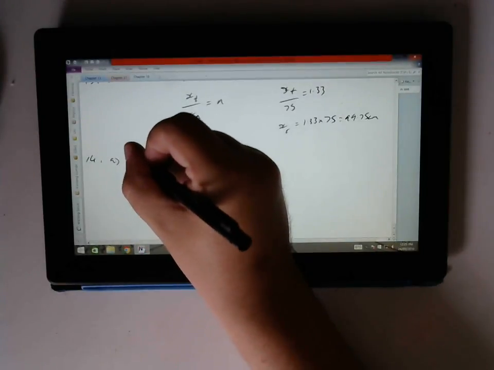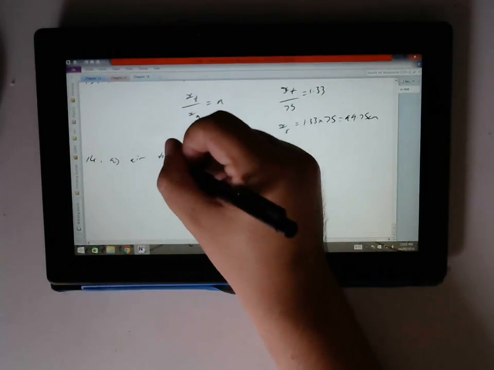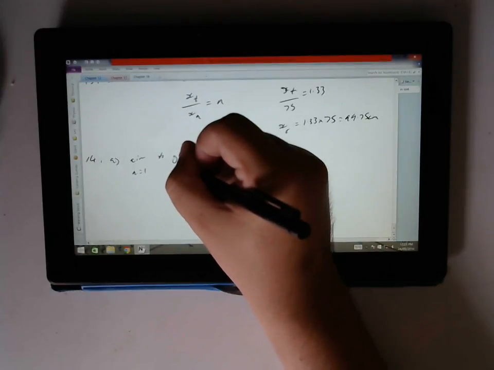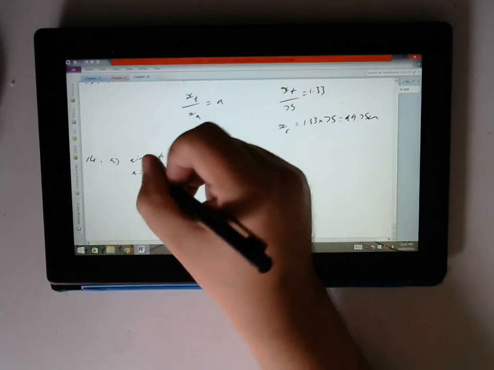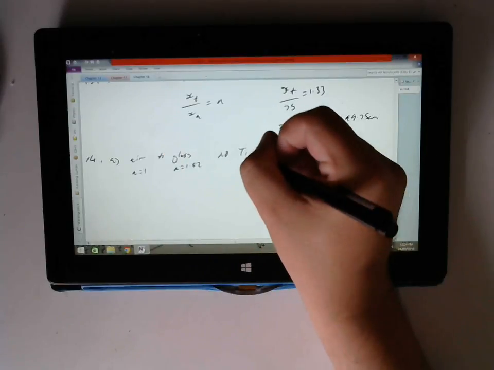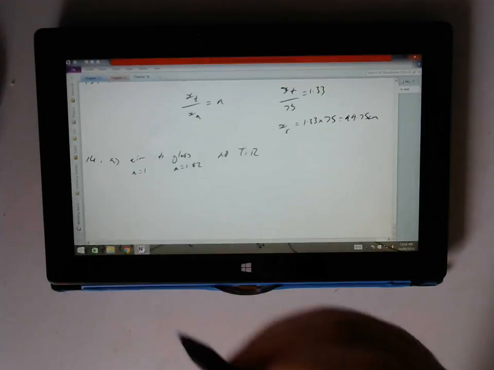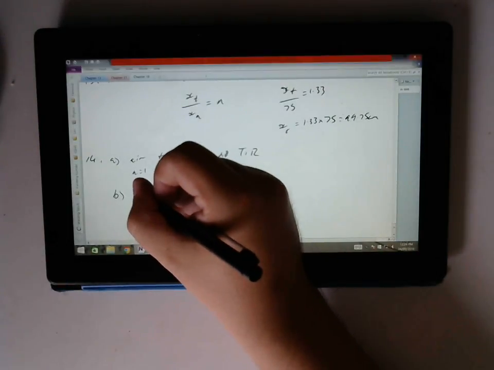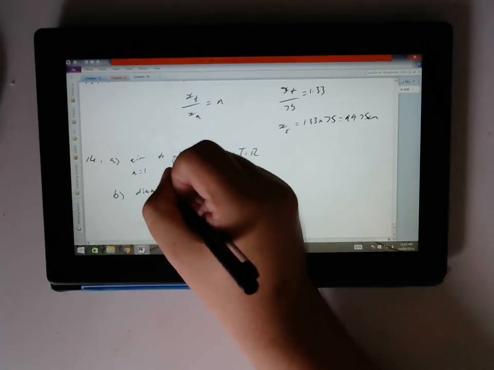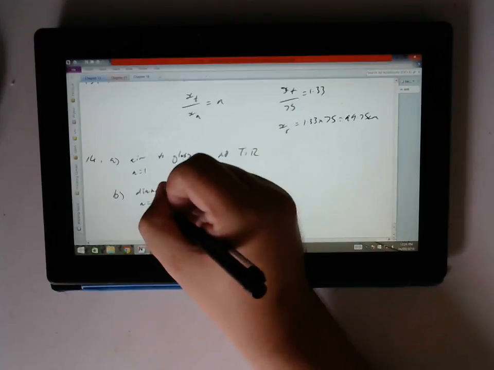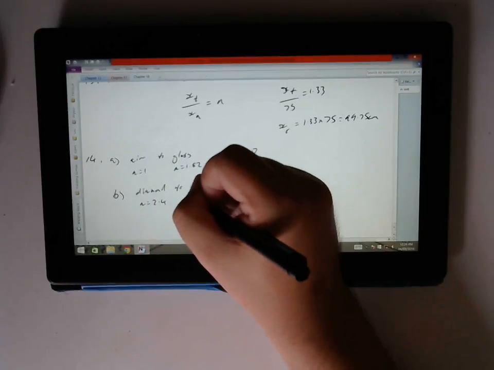A, air to glass. So an n of 1 to an n of 1.52. Well, note this is increasing, so no total internal reflection is possible. B, diamond to air. N is about 2.4 to n equals 1.